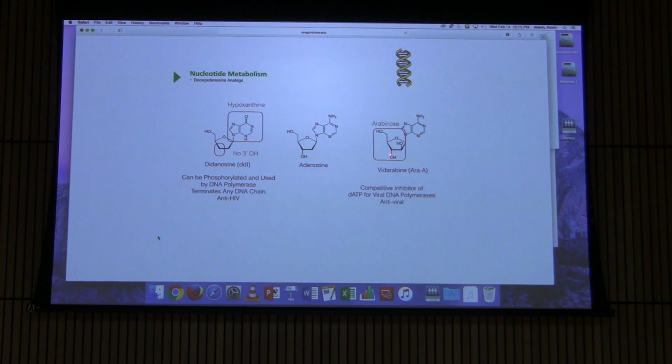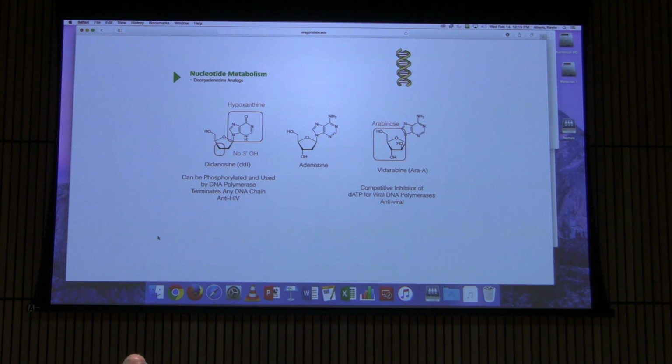On the other hand, the one on the right has a 3' hydroxyl. If the polymerase puts this in, it does just fine, but this one is a competitive inhibitor. It binds preferentially to the right nucleotide and inhibits the enzyme. So it will actually stop the enzyme from functioning before it ever gets to the point of putting it into the nucleic acid.